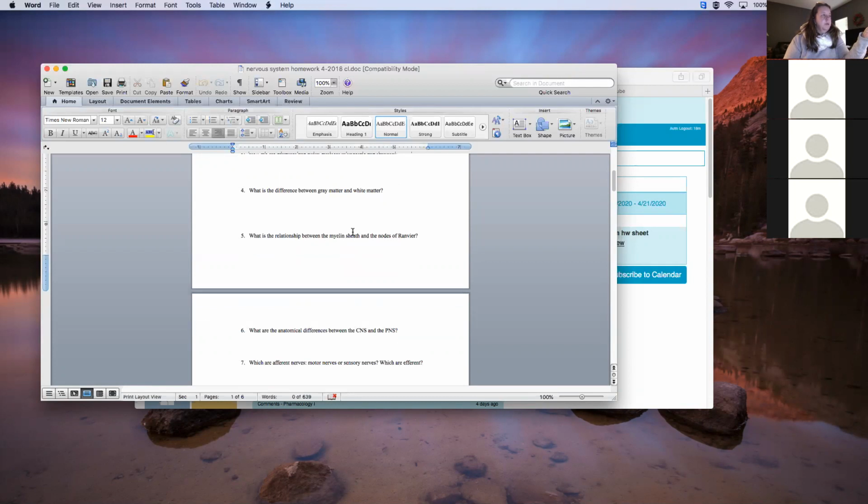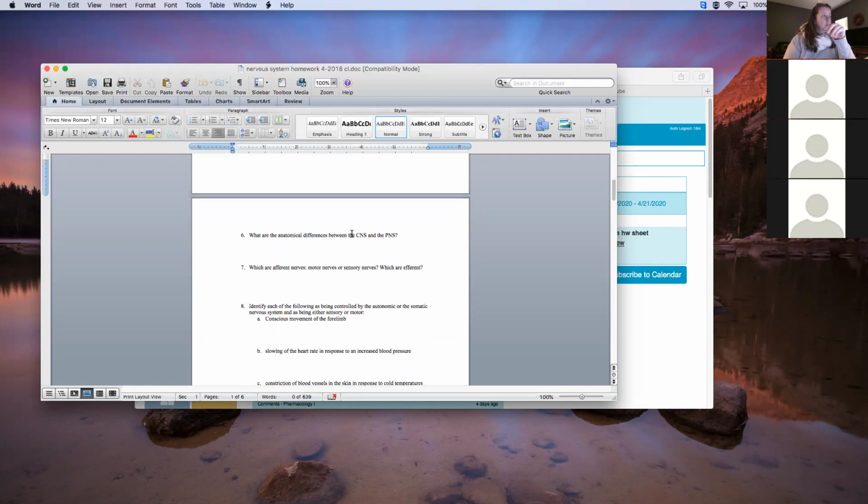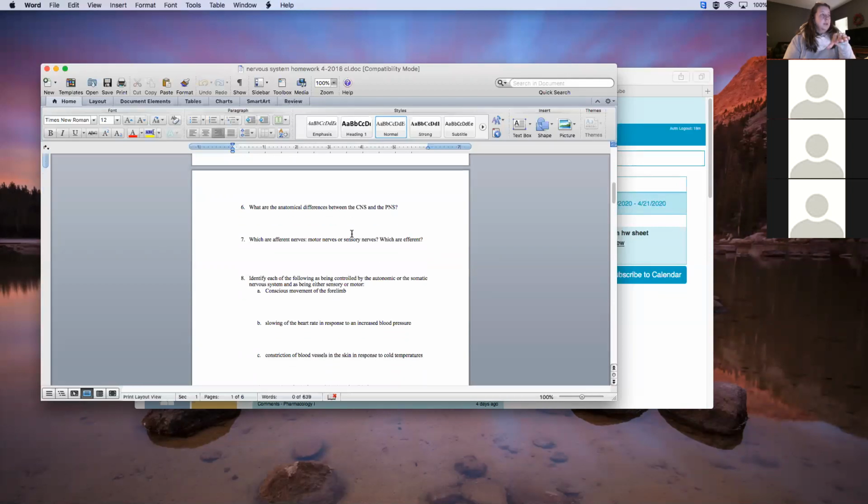Number 5, there's the myelin sheath and the little gap is the node of Ranvier. The node of Ranvier is where depolarization moves. You need to know number 6. Number 7, afferent nerves are typically sensory, efferent are typically motor. That's the main difference there.